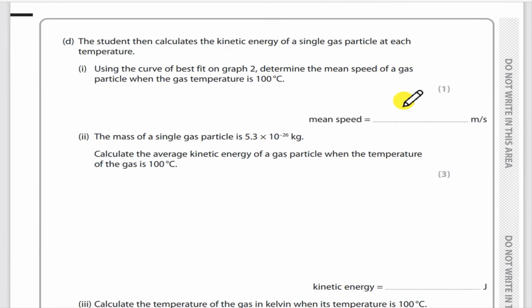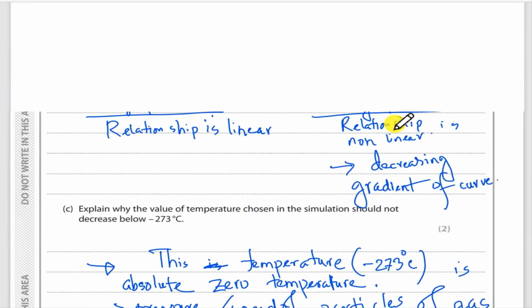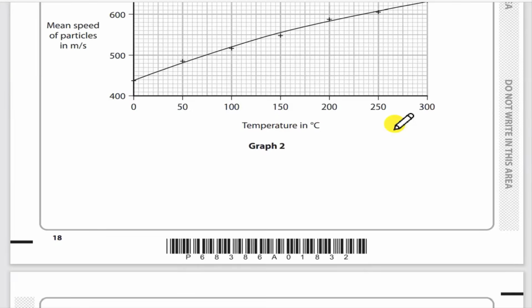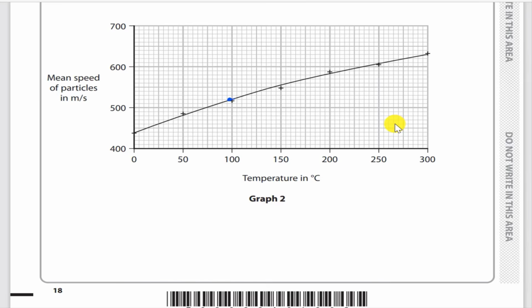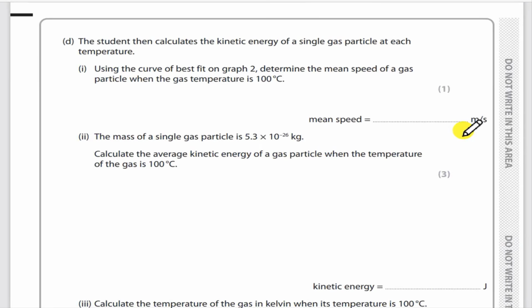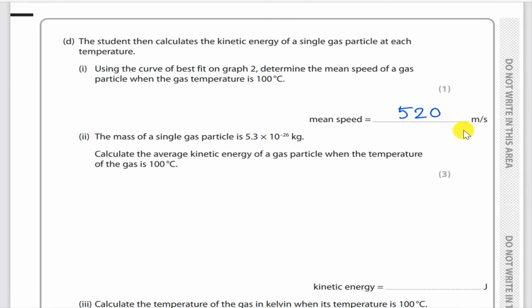Using the curve of mean speed on graph 2, determine the mean speed of the gas particle when the gas temperature is 100 degrees Celsius. About 520 meters per second.